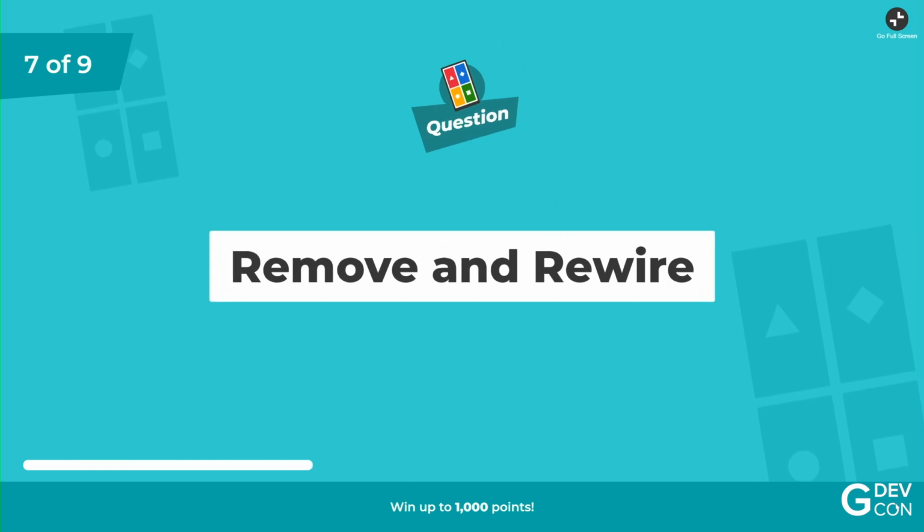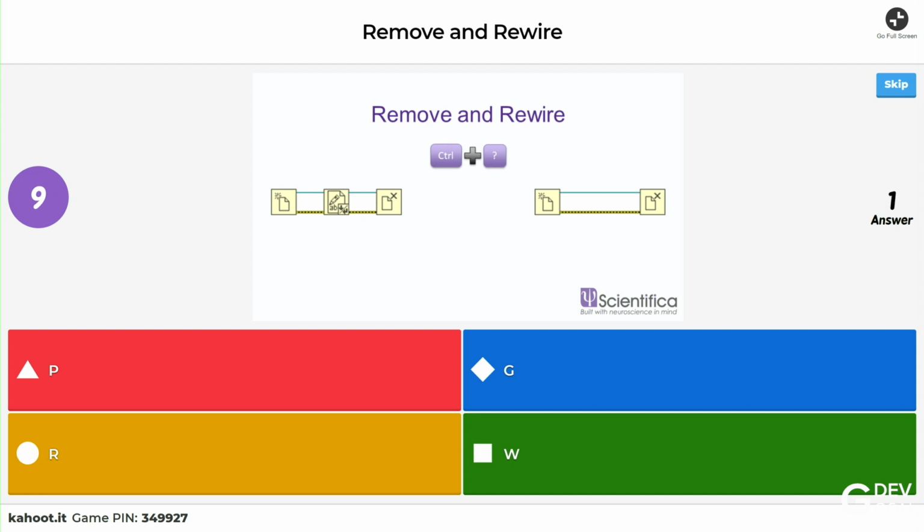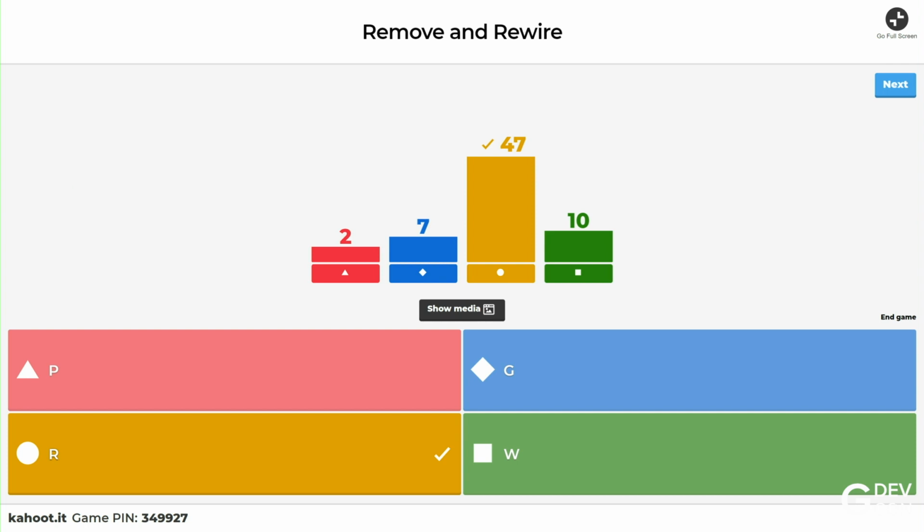Question 7, remove and rewire. P, G, R, or W? This always assumes the target is selected, right? Pardon? This always assumes the target Y or sub VI is selected for the function, right? So I'm not catching that.